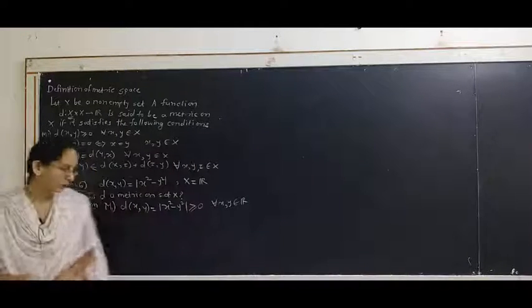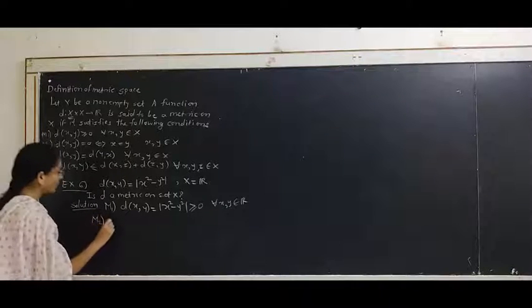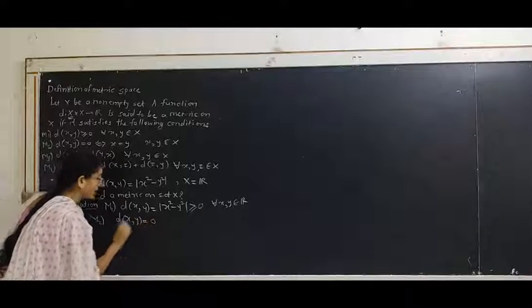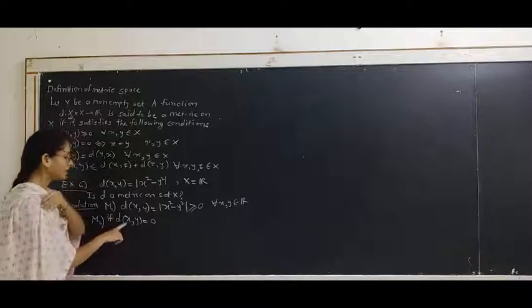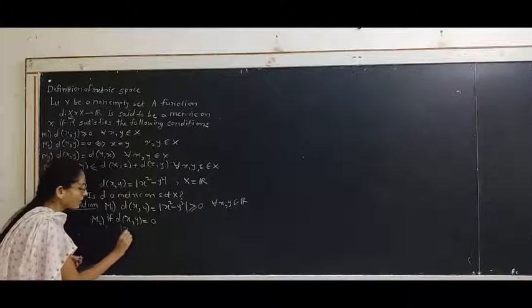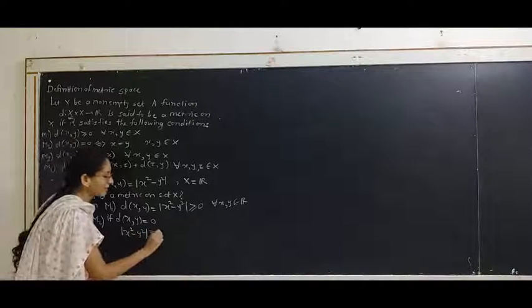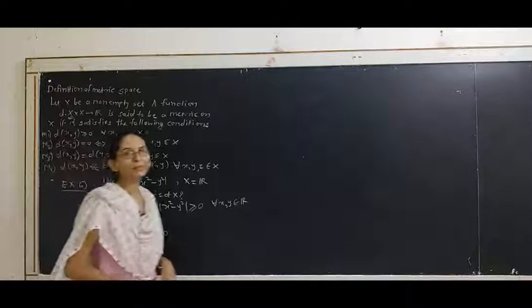The second property of the metric is d(x,y) is equal to 0 if and only if x is equal to y. Suppose d(x,y) is equal to 0. Given that d(x,y) is mod of x square minus y square is equal to 0, the modulus of some real number is 0.